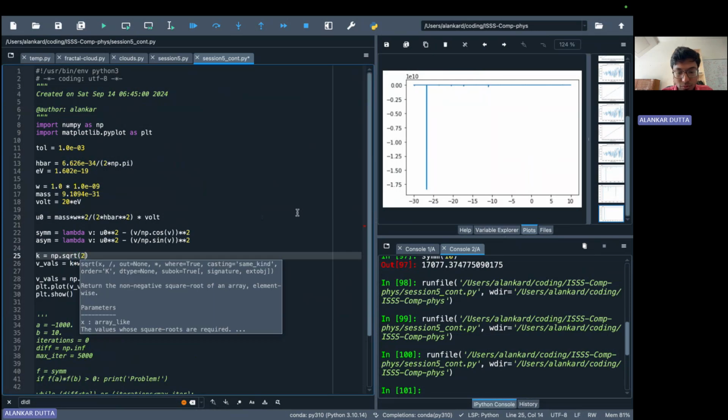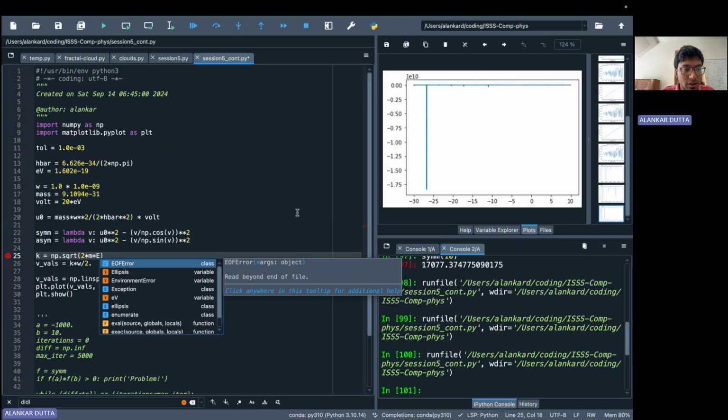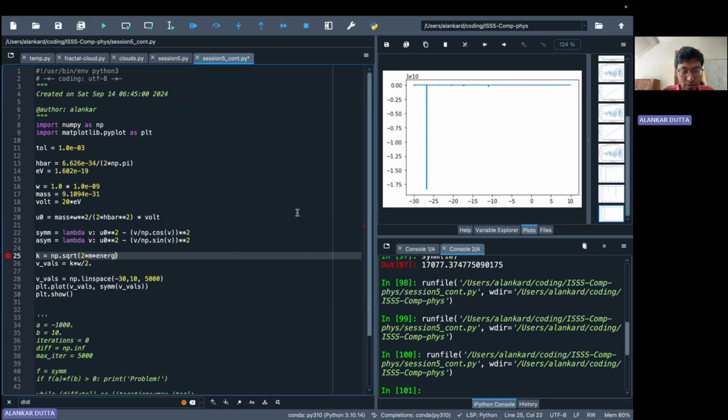Square root of 2 times m times E, where E is energy, over h bar.